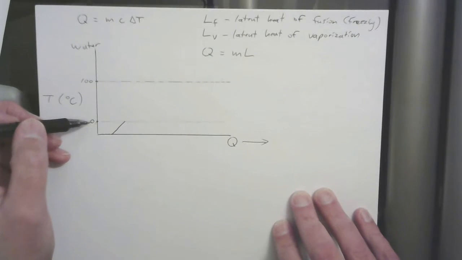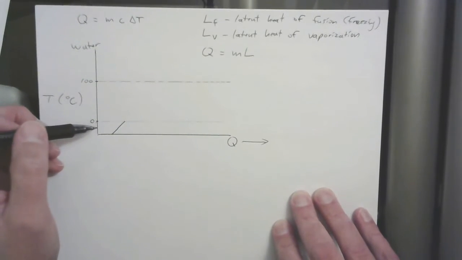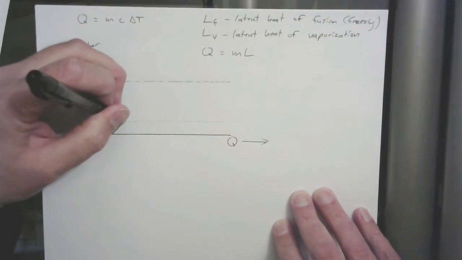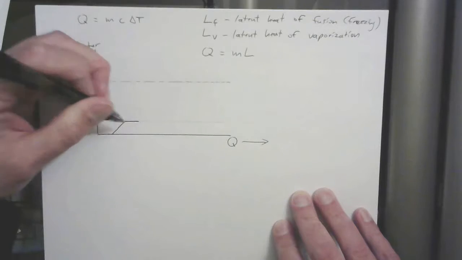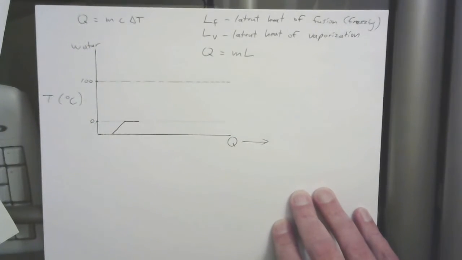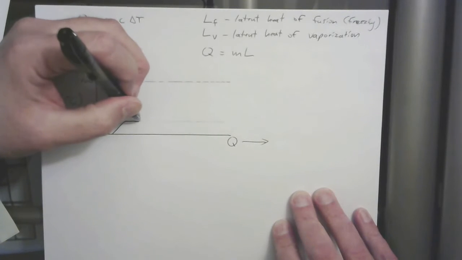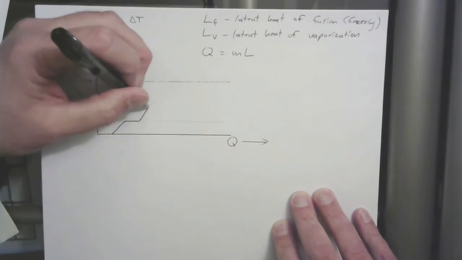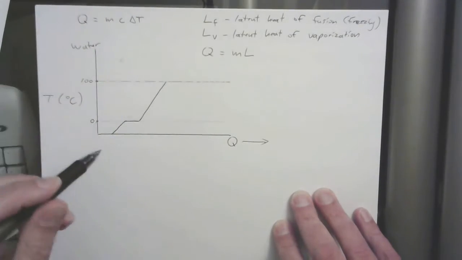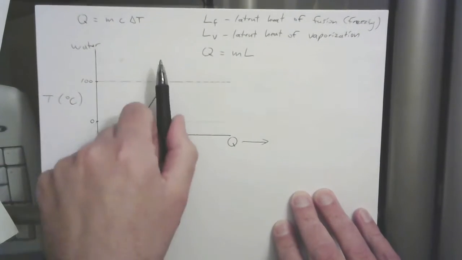And then you hit the point where that ice goes liquid. Well, it doesn't change temperature until all of that solid has changed to liquid. And only then can the temperature go ahead and increase again. And so now this is the liquid state, and as you add heat, you gain temperature.